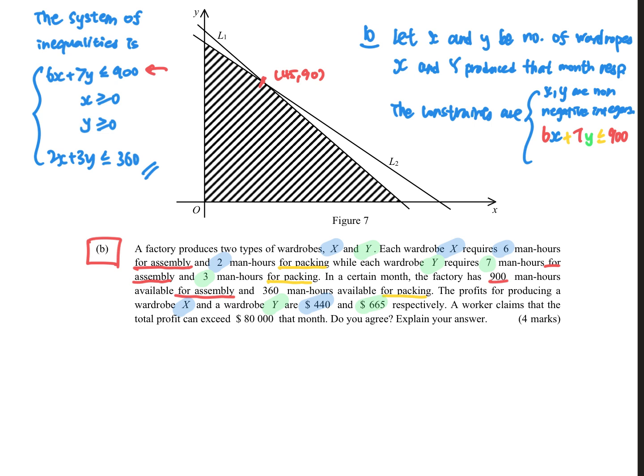For packing, 2 and 3, and altogether less than or equal to 360, because 360 man-hours are available for packing.